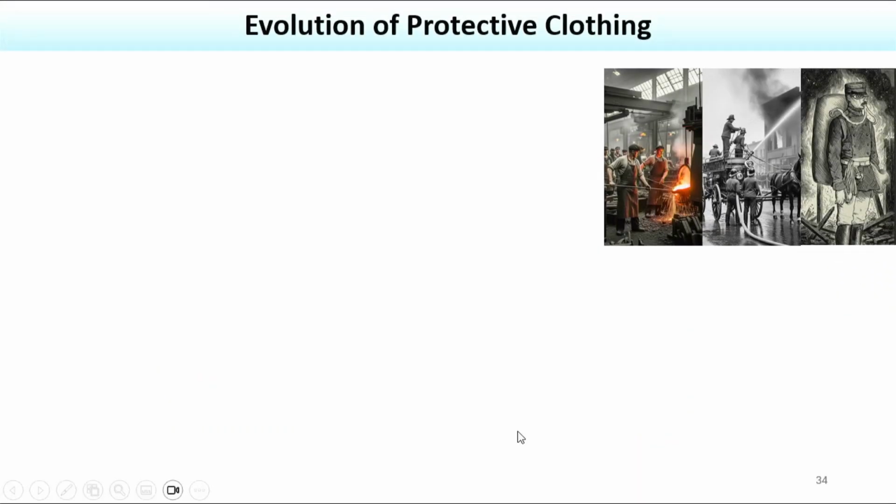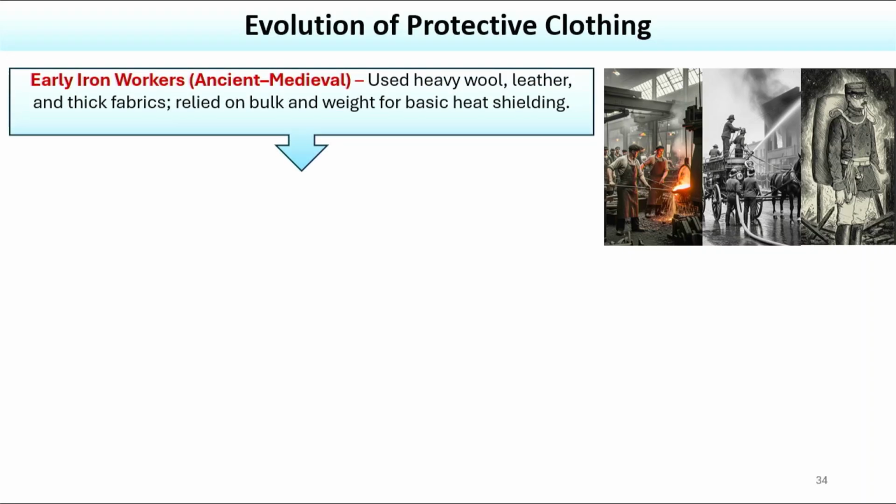Now, before going to the latest technology, let us first try to understand the evolution of protective clothing. Early iron workers or people in ancient medieval time used heavy wool fiber or leather or thick fabric.